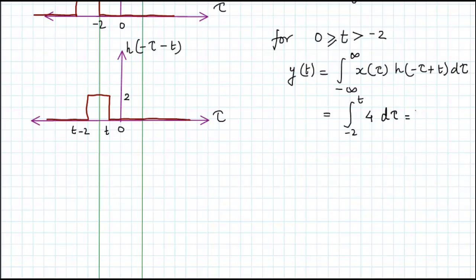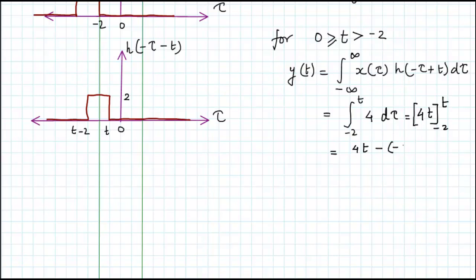And we know that if we would integrate, we will get basically 4t with limit from -2 to t. Correct? In that case, I will get 4t minus 4 into -2, which is going to be -8.